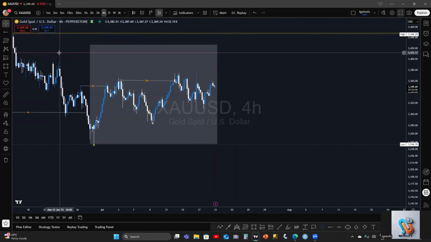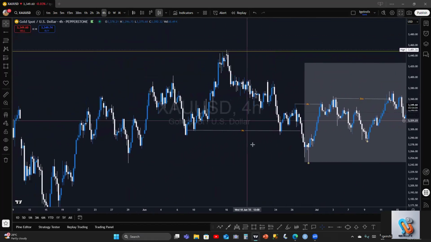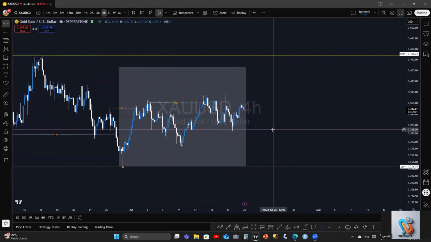So I think it has resumed, gradually resuming a bullish point.